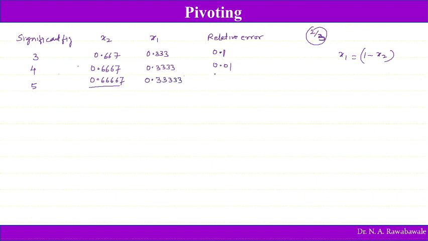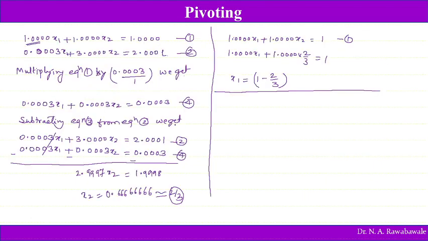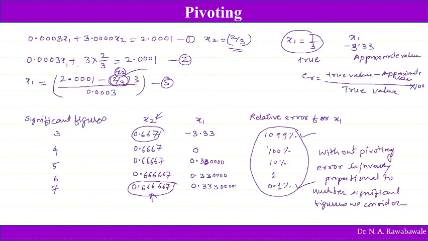Then the error gets reduced to 0.001. And if we take it up to 6 significant figures, that is 0.666667, then this becomes 0.333333, and this error gets reduced to 0.0001. And so on.